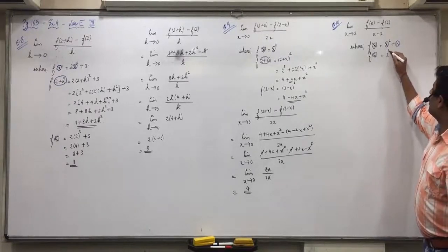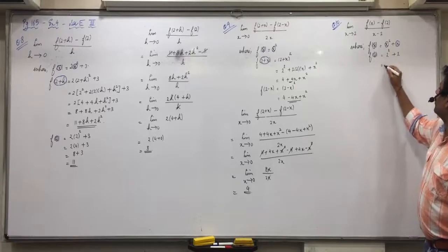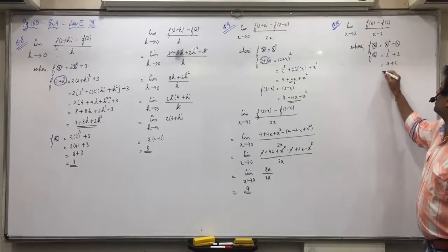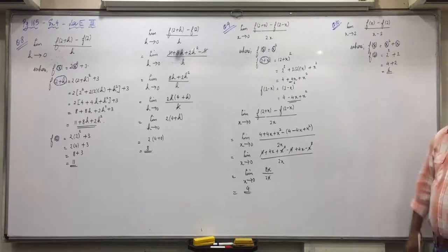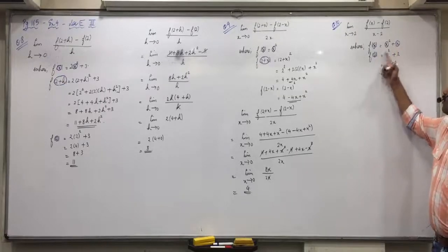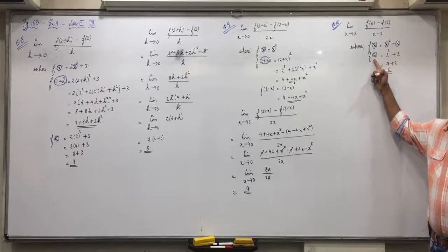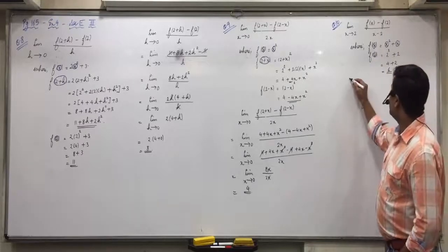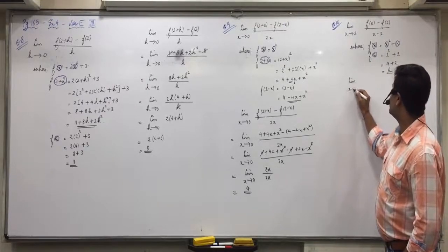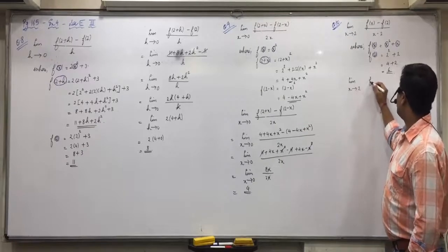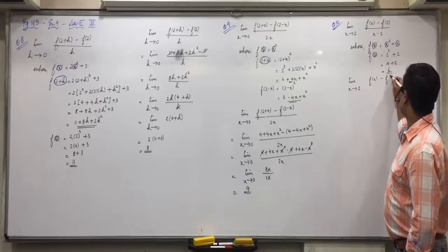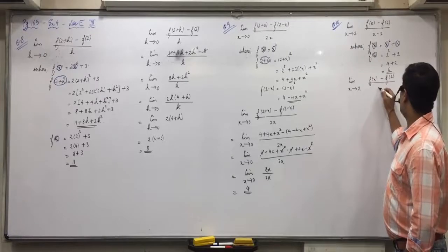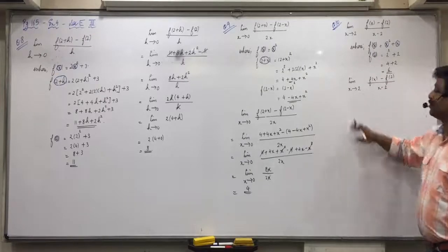2² plus 2, 4 plus 2, that is 6. Wherever there is x, you have to put 2. Did you understand it or not? Now limit x tends to 2, (f(x) minus f(2)) upon (x minus 2).